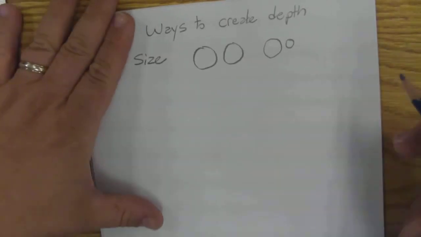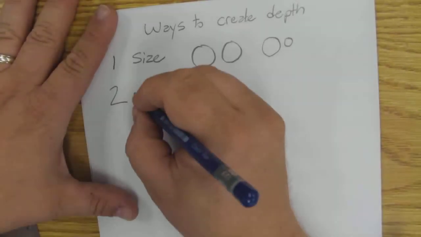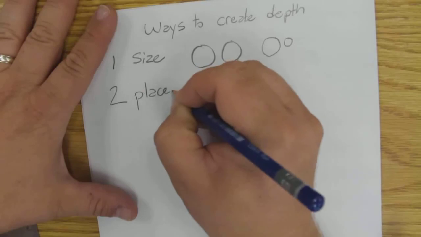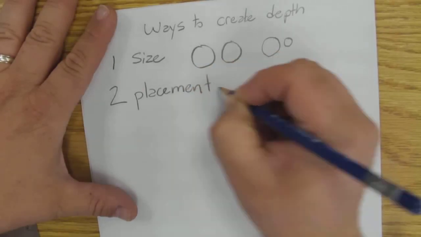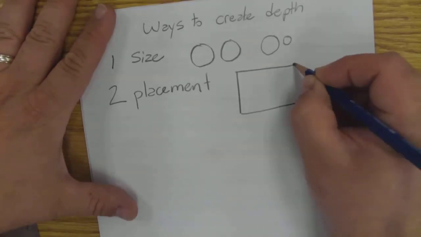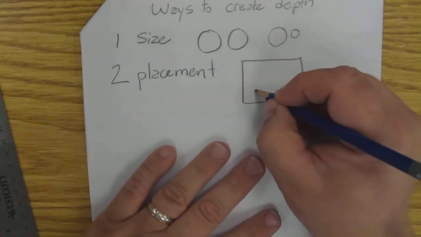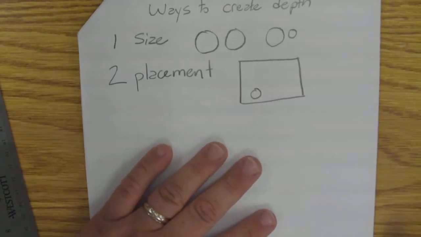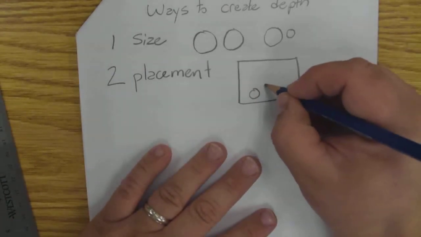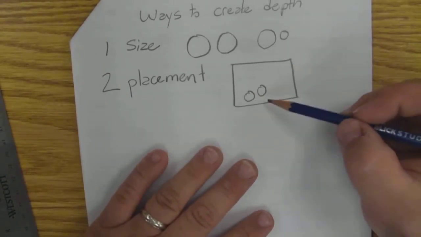Okay, some of these are really obvious, really, really simple to see. Number two is the placement. So if you have your canvas, your paper, your picture plane, and you put that thing down towards the bottom of the page, and I put another thing a little bit higher above that, it creates the impression that it's further away.